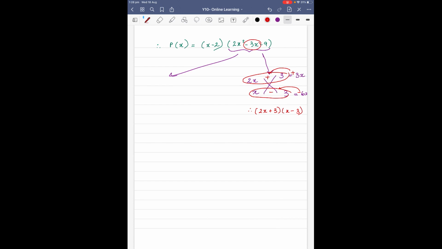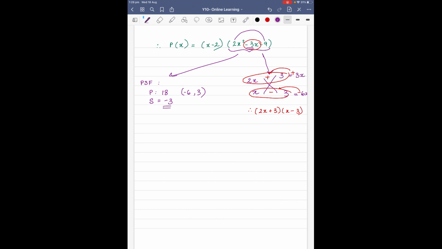Now, if you don't know how to do this and you prefer the PSF method, the product is basically the product of the first and last numbers. So 2 times minus 9 is minus 18. The sum is the one in the middle, minus 3. So you've got to think of the factors that go into 18. So 6 times 3 gives you 18, but you want to have a sum of minus 3.